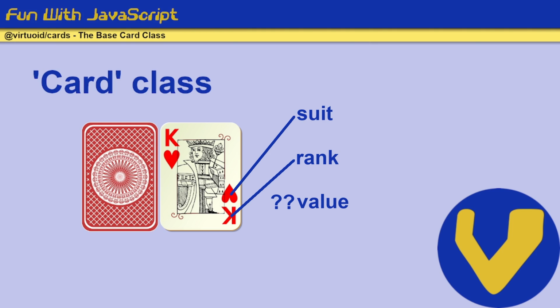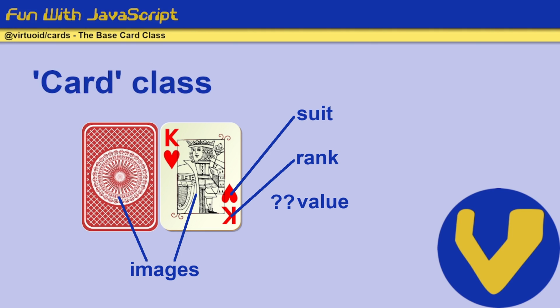And I know you're sitting here wondering, well, what about the pictures? What about the images for the front of the card and the back of the card? Well, you can define those too, but not for this base class. The reason is that those are visual images that are really good if you're going to be working with browser games and things like that. But if you're going to be working with computational games where you're running simulations, you don't need to have the images.